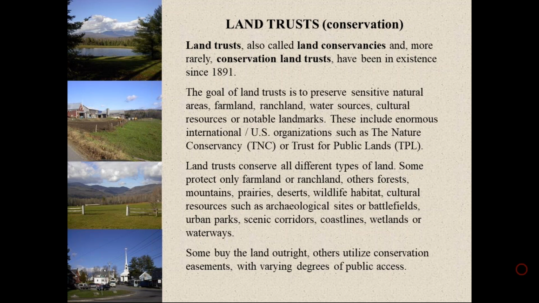Probably the two best known are the Nature Conservancy and Trust for Public Land. I actually worked for the Nature Conservancy, on the scientific side, called Florida Natural Areas Inventory. But there's all sorts of these around. There are also trusts specifically focused on trying to get agricultural protection.